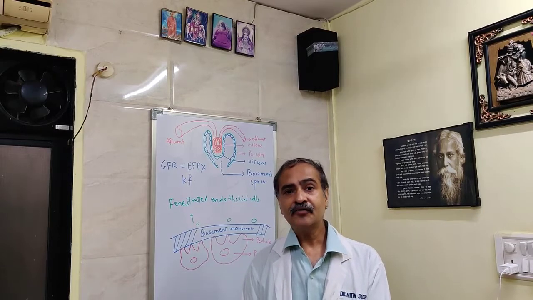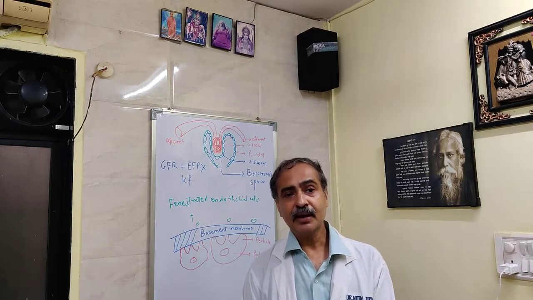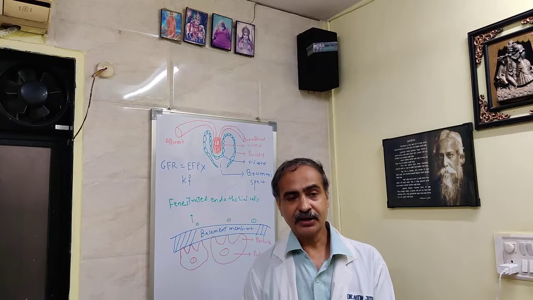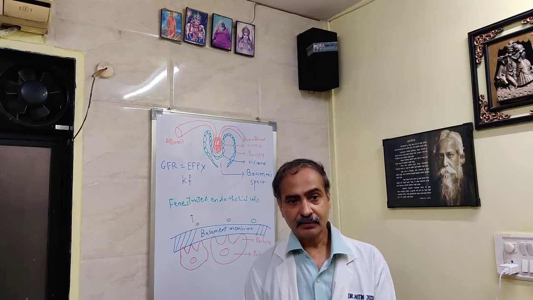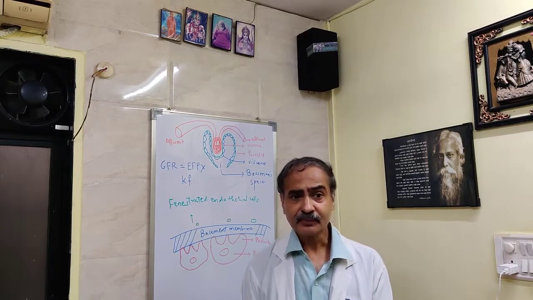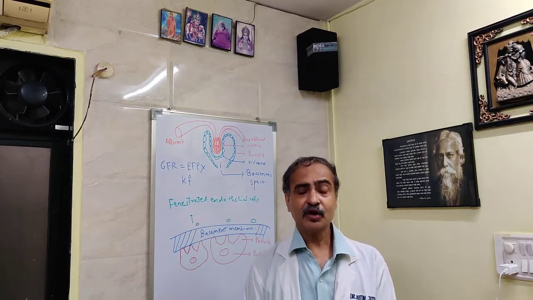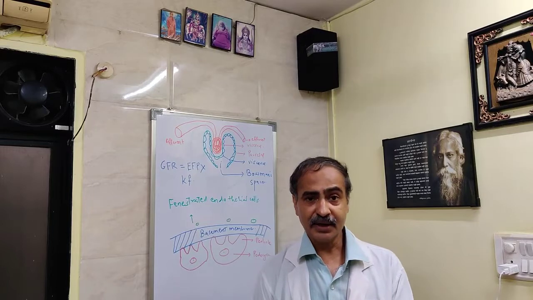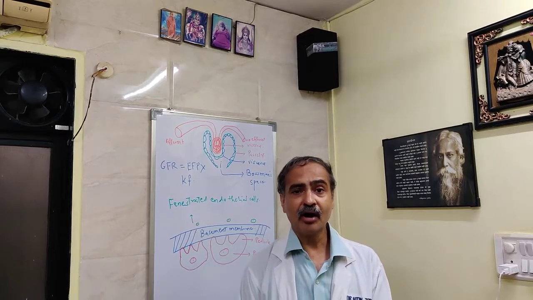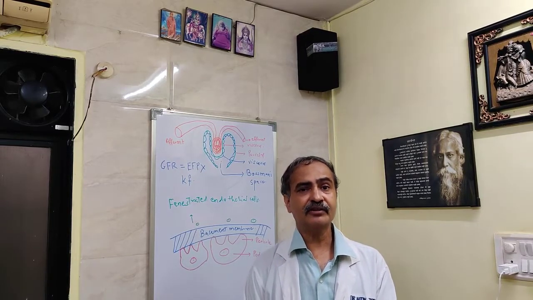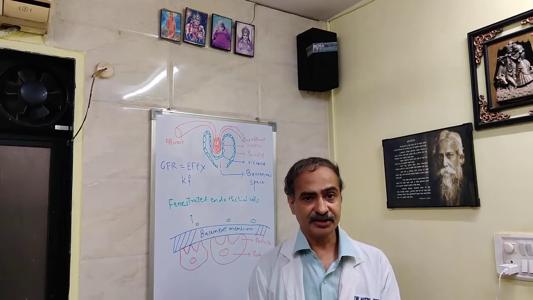On the other hand, when there is hypoalbuminemia from any cause, as for example nephrotic syndrome in our urology practice, or gross proteinuria from any cause, then because of hypoalbuminemia there will be decreased oncotic pressure, as a result of which there will be increased glomerular filtration rate.